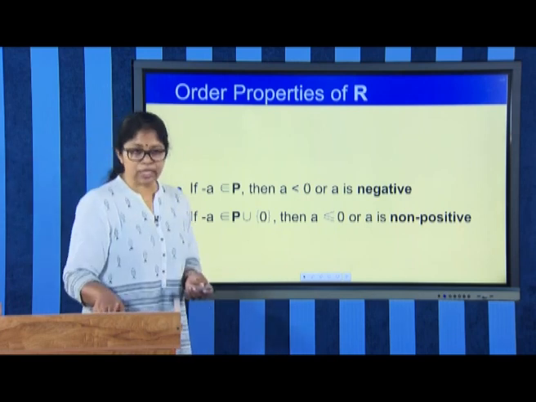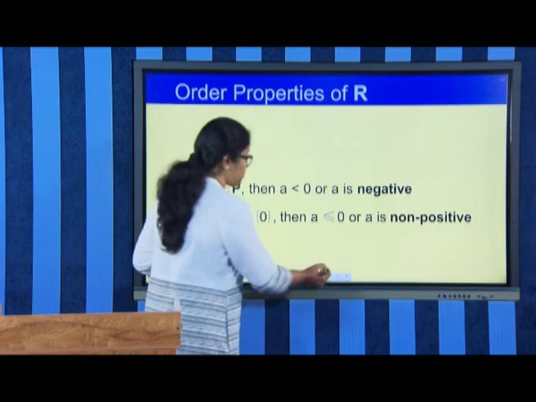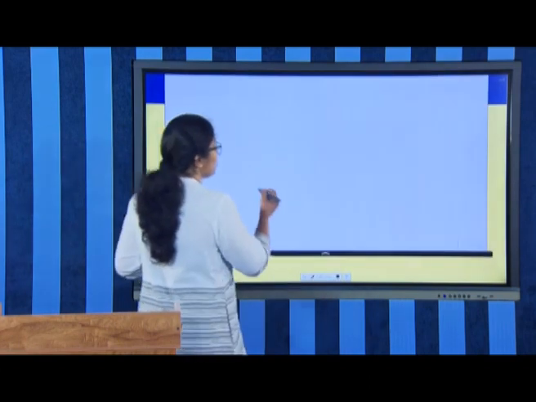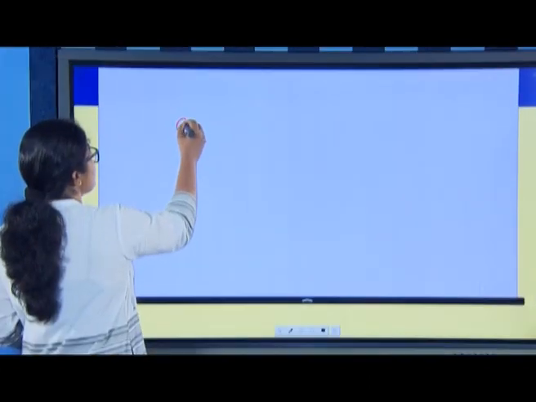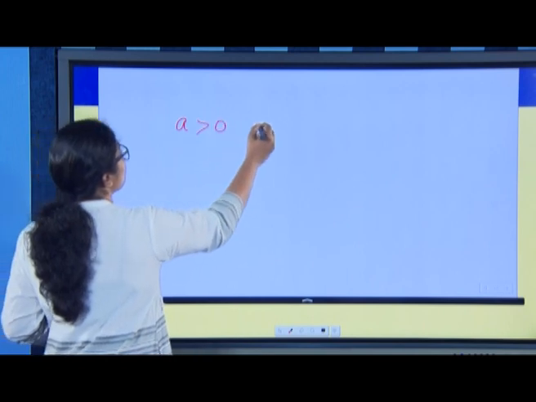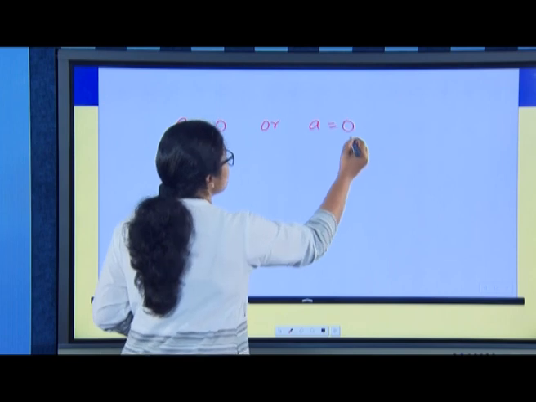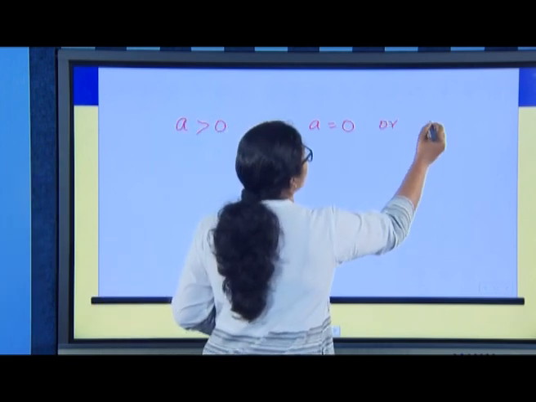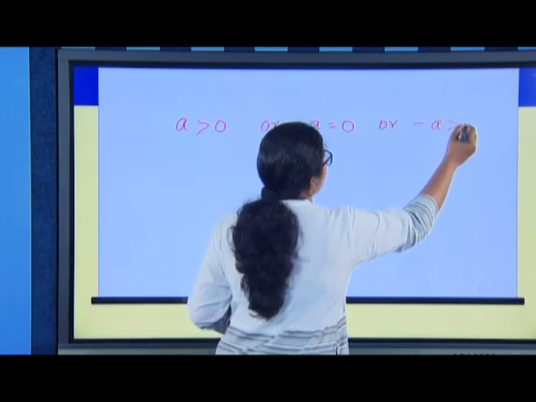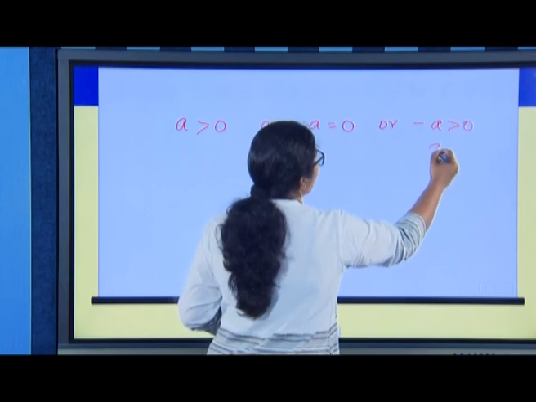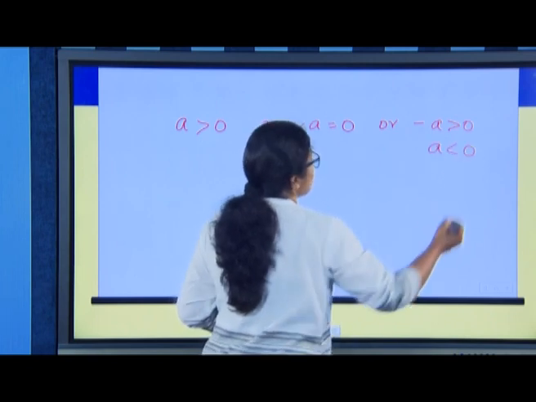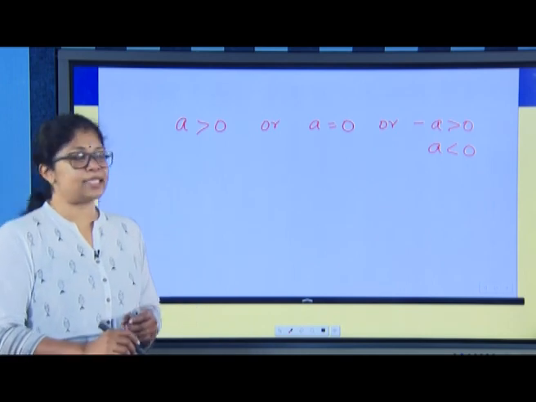So, using this notation, the law of trichotomy can be written as: A is greater than 0, or A is equal to 0, or negative A is greater than 0, and negative A is greater than 0 is the same as the notation A is less than 0.